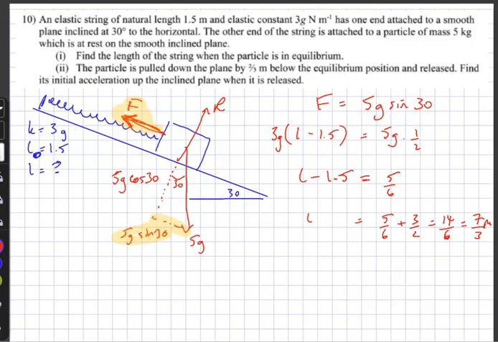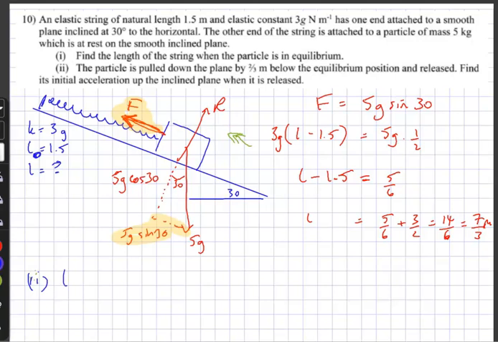Find its initial acceleration up the inclined plane when it is released. So what we're saying here is there's going to be an acceleration going up in that direction because we've pulled the object further down the inclined plane. So setting ourselves up, this is a new part.